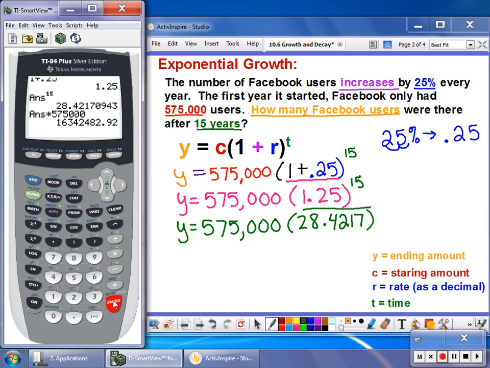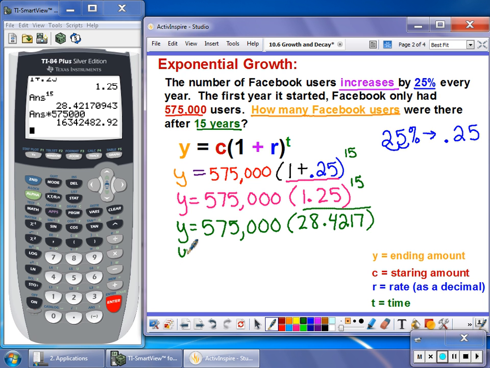And now you'll see you have this big long answer, and now we can round the problem. So let me write this down. At this point, y equals 16,342,482.92. Now it's a word problem, so we are going to be doing some rounding here.